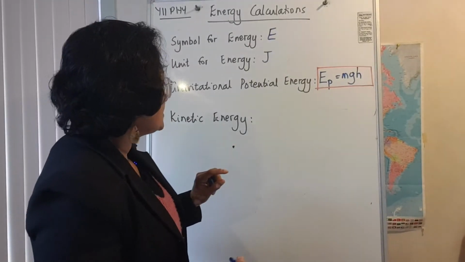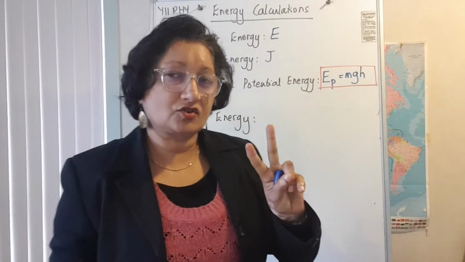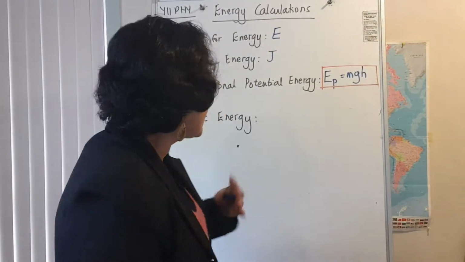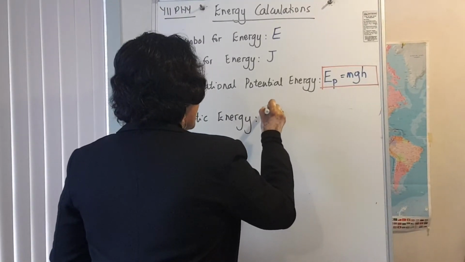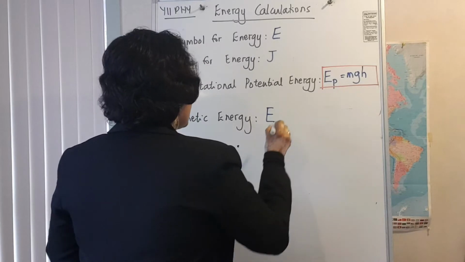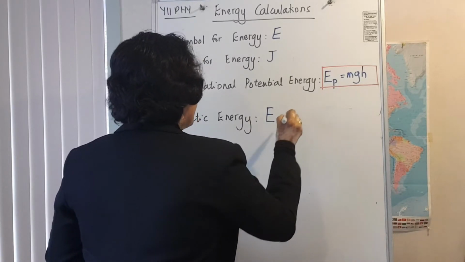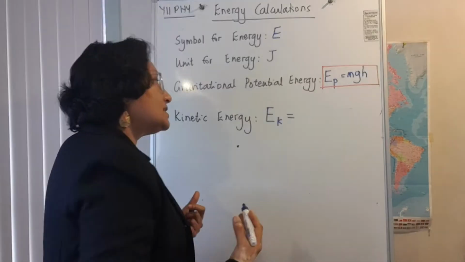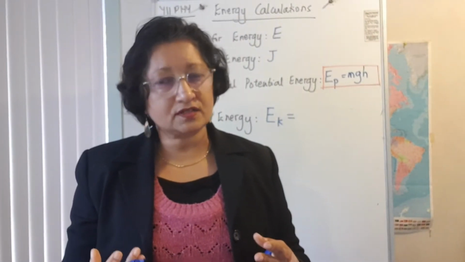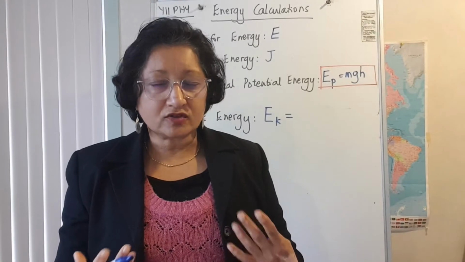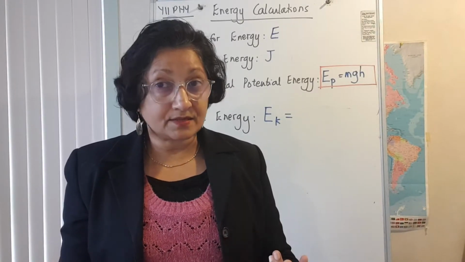So the other one that you need to know is kinetic energy. You just need to know these two forms, right? Okay, for year 11. So kinetic energy, energy is represented by E, and for kinetic, you've got E_K. Okay, now let's think, what is that formula? What's that going to look like? So first of all, let's reason out what you think the kinetic energy may depend on.